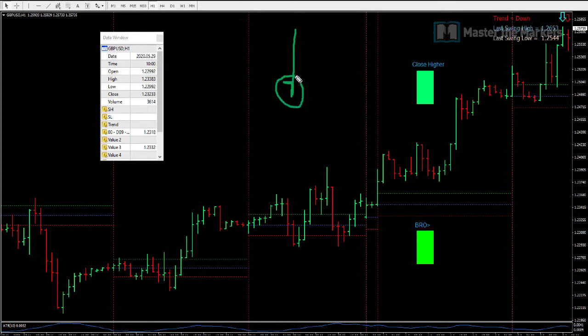This part here, we call the smaller range from the open, and the other part is what we call the bigger range from the open. The smaller range from the open is what was popularized as the stretch by Toby Crabel, and the bigger range from the open is the opposite of the stretch.